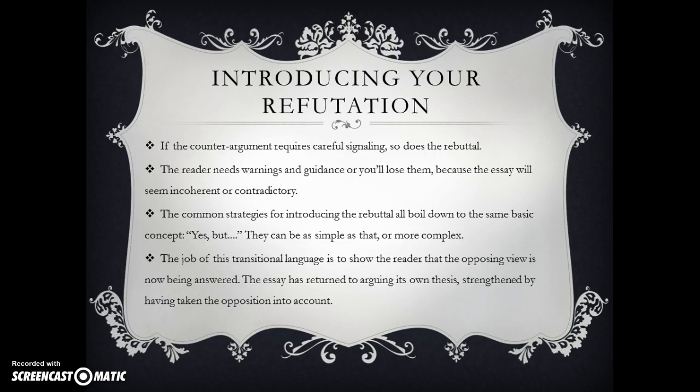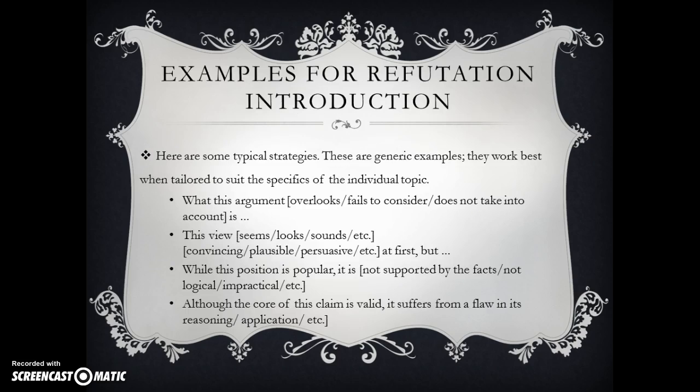Just like we have to introduce our counterargument really clearly, we also need to introduce our refutation or our response. We're flipping back now to our own argument, so it's going to seem really inconsistent if we're including our argument, counterargument, and then refutation without those clear signals. So you've got to use some clear transition language for that.